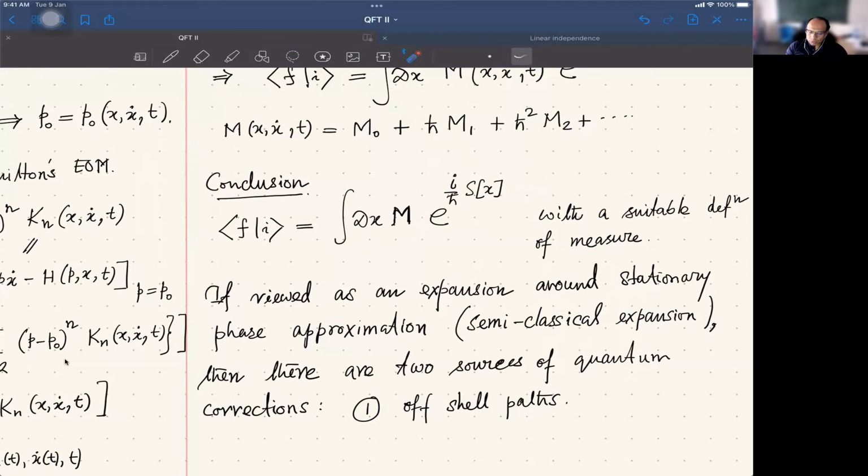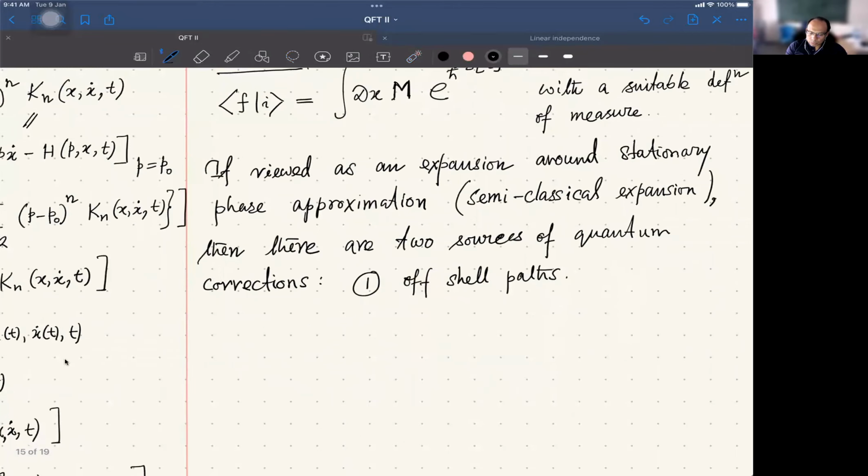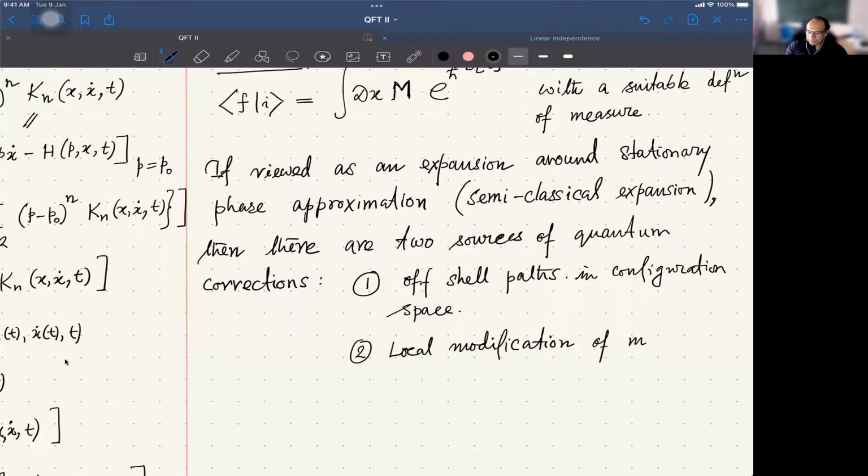So one source of quantum corrections is these off-shell paths in configuration space. So basically, two sources of corrections: off-shell paths in configuration space, and the other is local modification of measure.